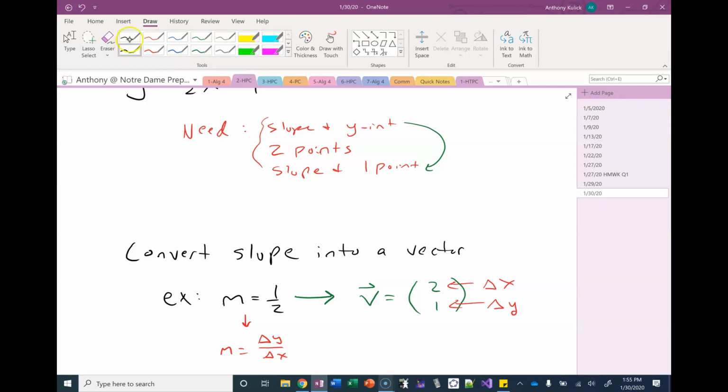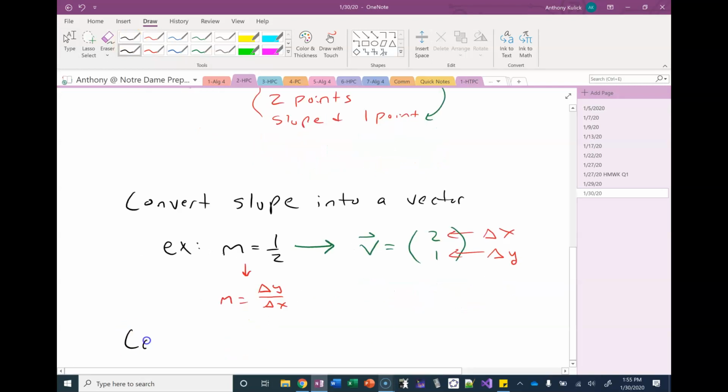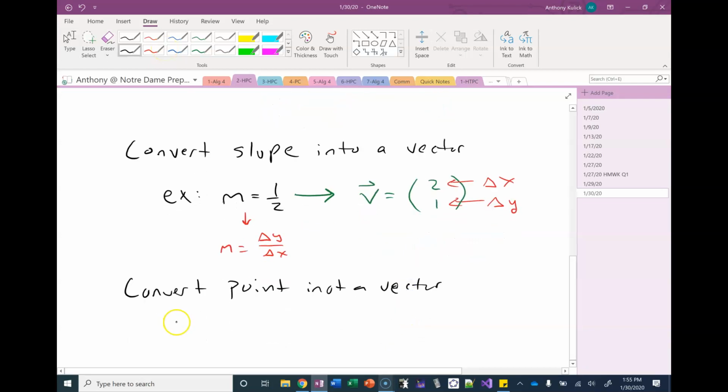Now, we would want to convert our point into a vector. So let's say that we used Ben's favorite point from this, which was the y-intercept. So that would be the point 0, 1.